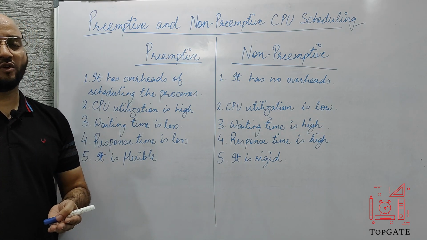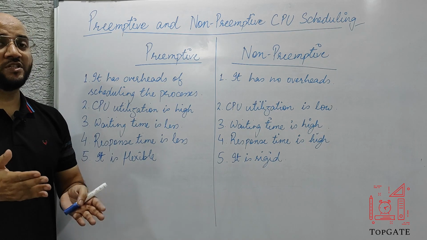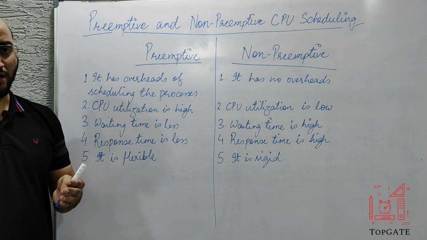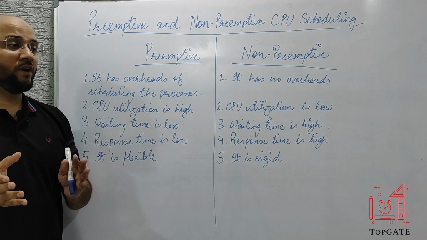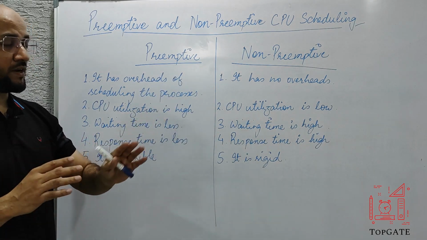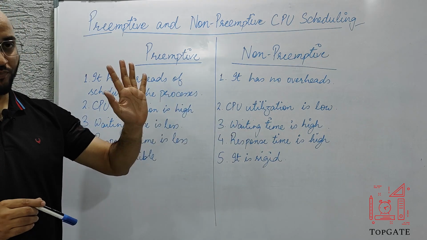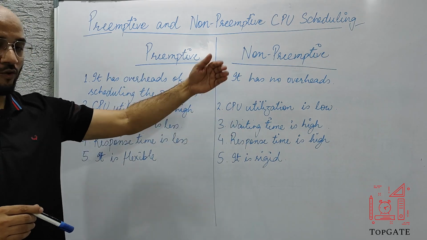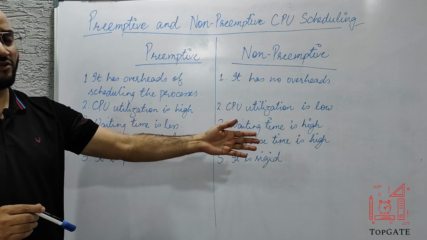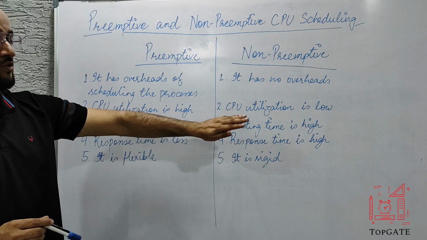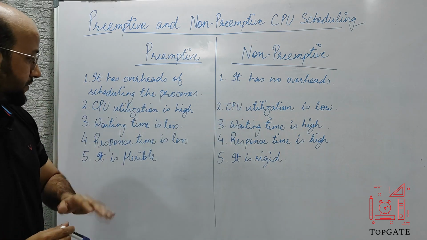While it is getting executed on the CPU, every other process which is waiting in the RAM will be waiting for its turn. But the CPU will not be given to those processes unless and until this executing process leaves the CPU. So while this process is executing on the CPU, every other process will be waiting in the ready queue. That is why the waiting time of the process is very high in this case.